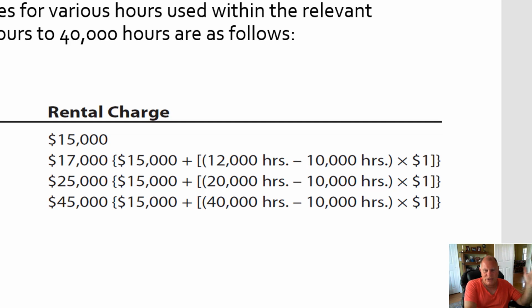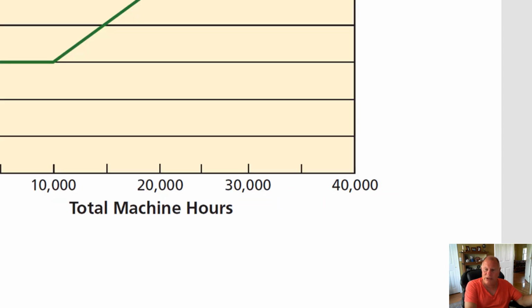So this is an example here that if they use 8,000 hours, that's just 15. Now, however, if I keep going up, up, and up, I'm getting more rental charge. So it's semi-variable. If we look at this on a graph, it's fixed over a volume amount, but then it goes up after that. And that's our mixed costs.